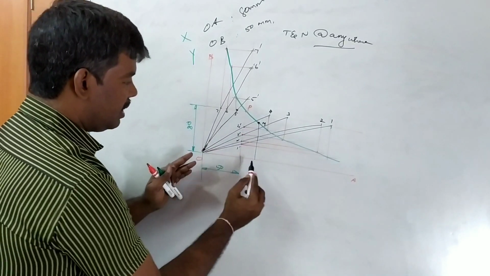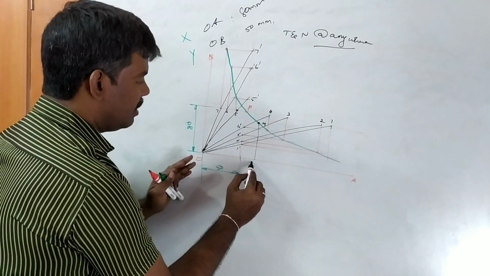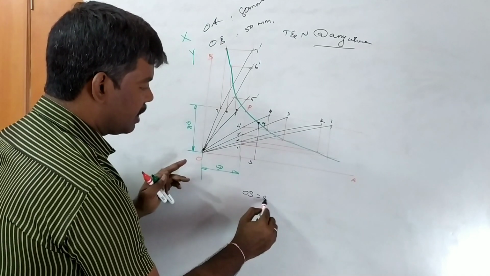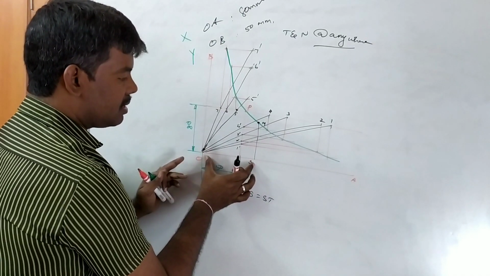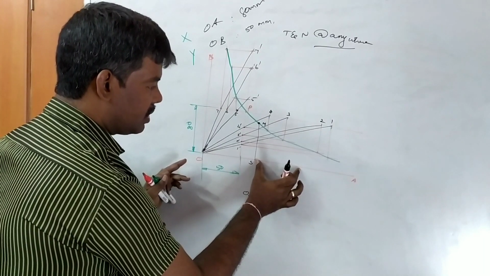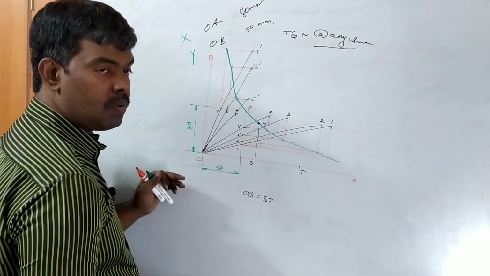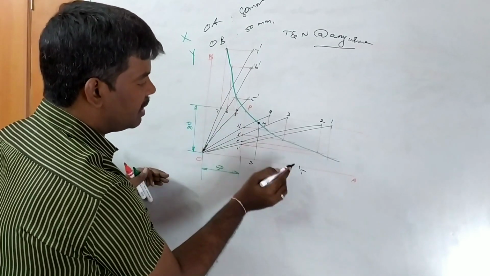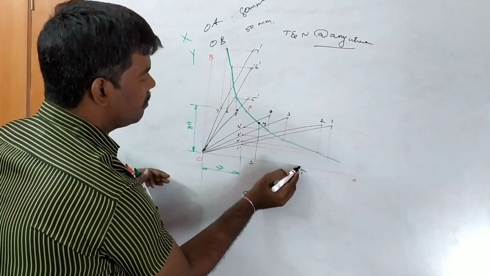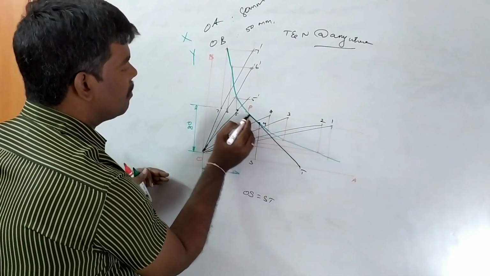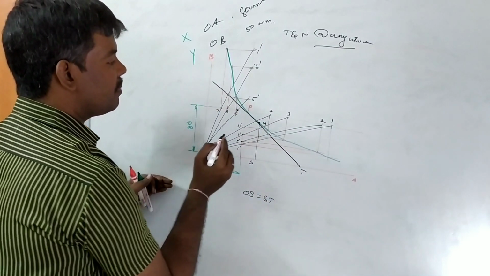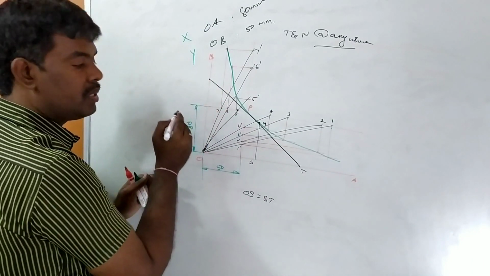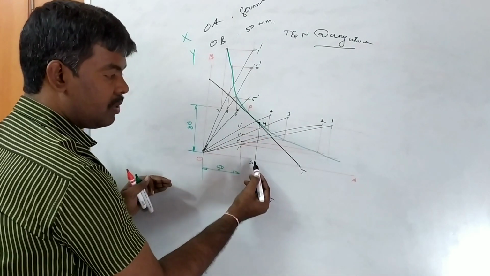Let us consider this point S. Now the distance O to S is equal to S to T. Joining T and M and extending it gives the tangent. This is tangent T, and that line intersects the OB asymptote.